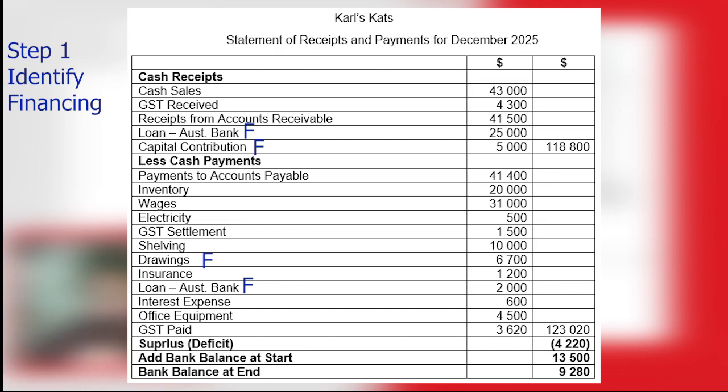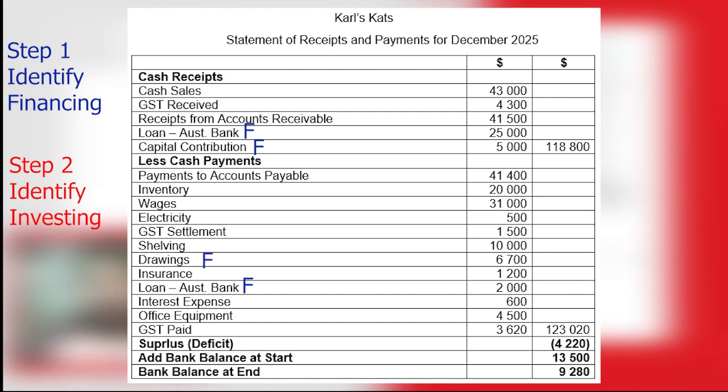We're then going to move forward and we're going to do investing, and that's going to be denoted by an I. And this time we're going to go through the cash receipts. Anything related to non-current assets, no. Looking at cash payments, we see firstly shelving.